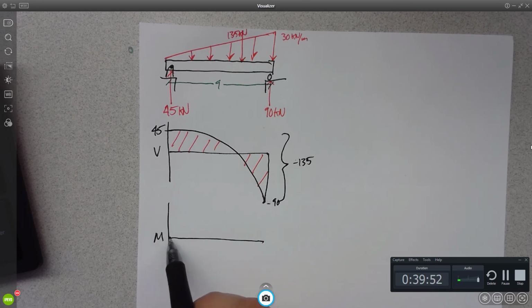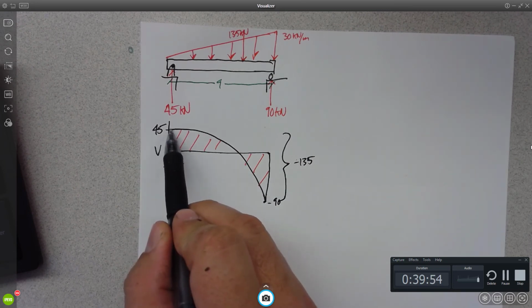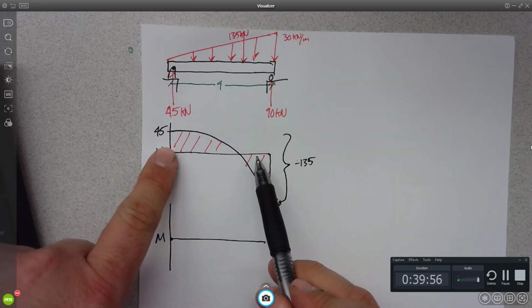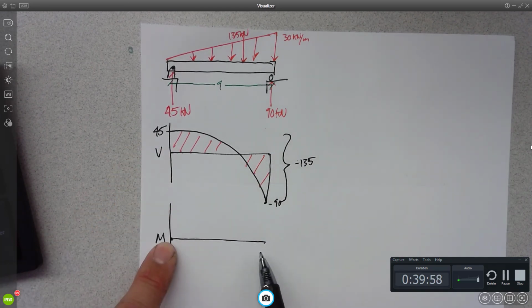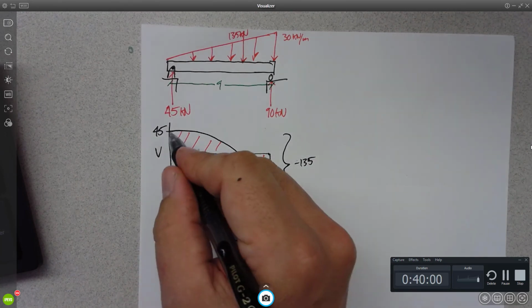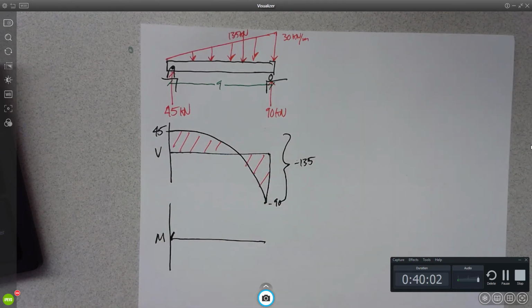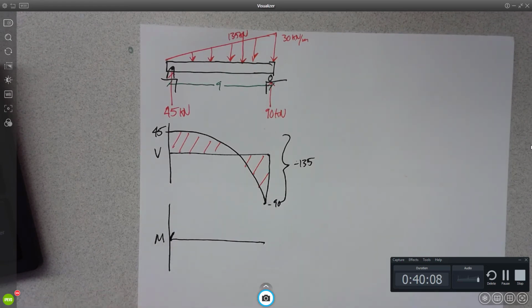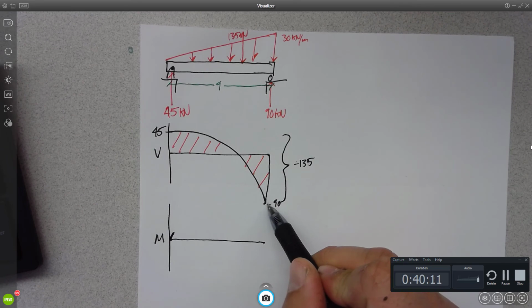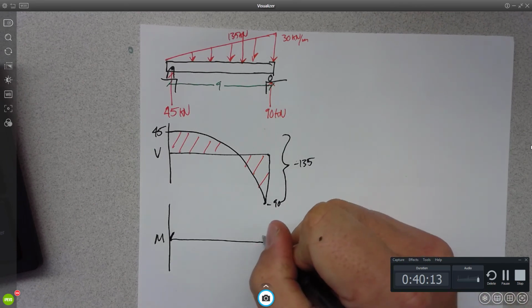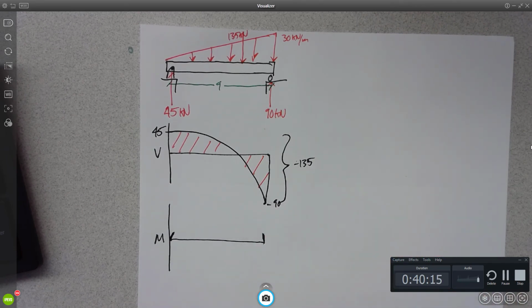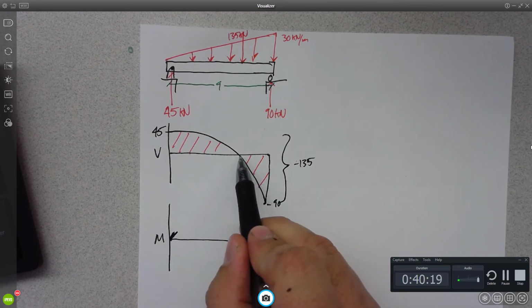45, right? Because you could think of the shear diagram as being the plot of the slope of the moment diagram, right? So that means it's 45 right there. Pretty steep. Okay? Positive 45 as well. What's the slope here? Negative 90. Super steep. Maybe I'll make this one a little bit more like at 45. What's the slope of it right here? 0.